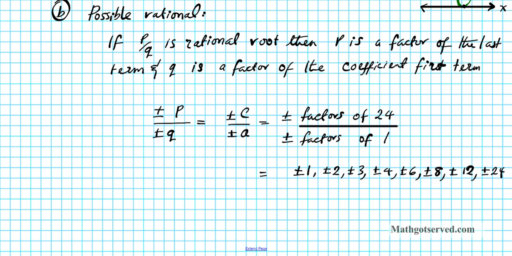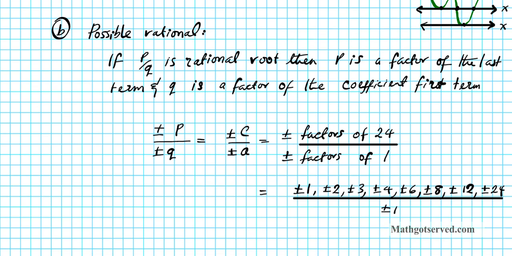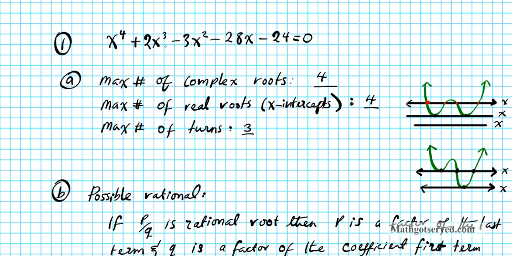All right, so those are all the factors of the numerator, the last term, which is 24, over the factors of the coefficient of the first term, which is plus or minus 1. Okay, so let me go back to the problem. So there's an invisible 1 right here, as you all already know. So this one is going to be our P, the last term, factors of that, and then this one right here will be our Q.